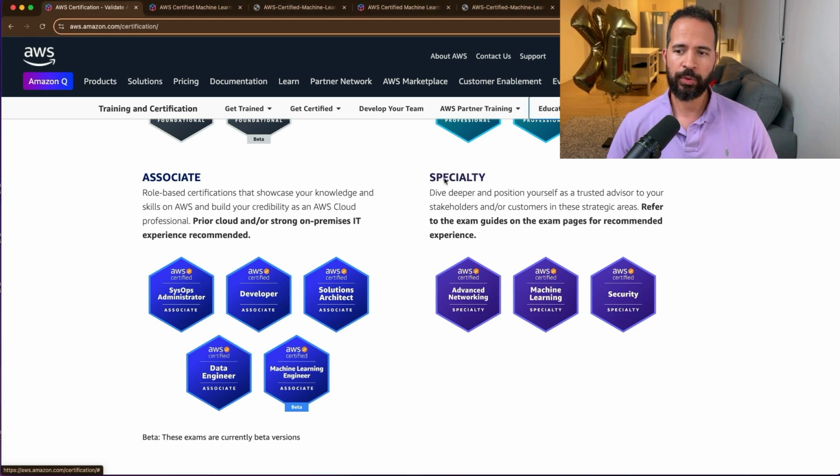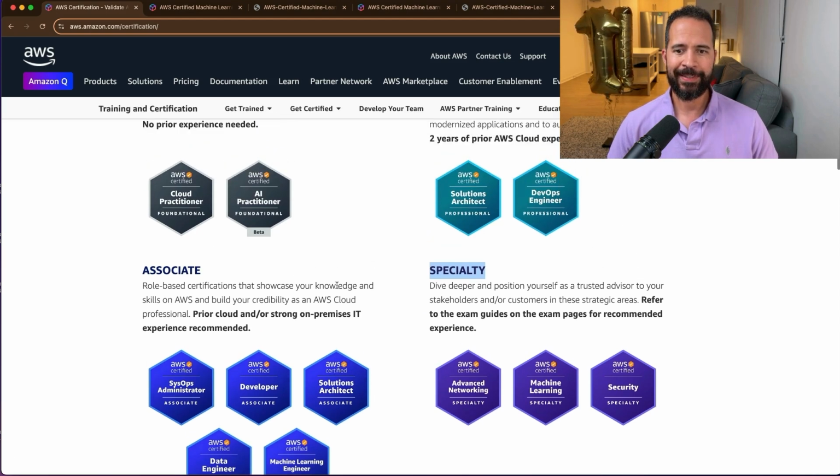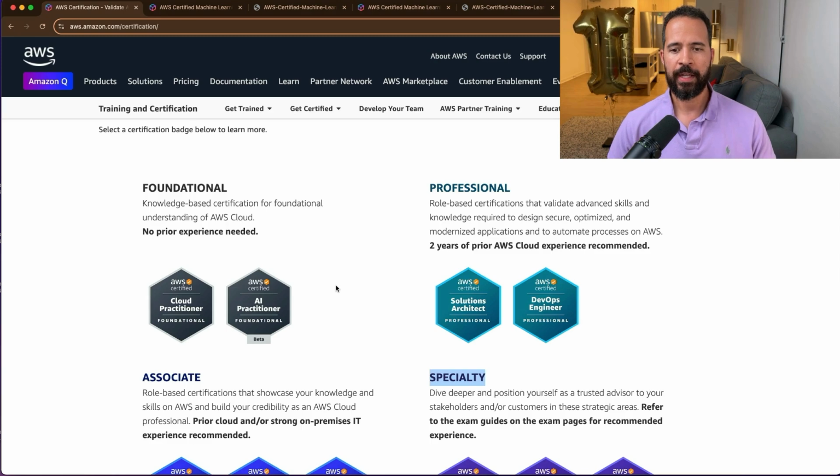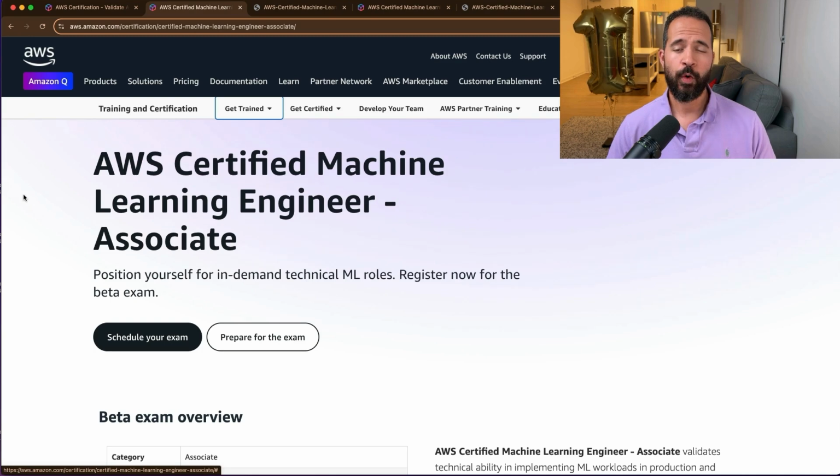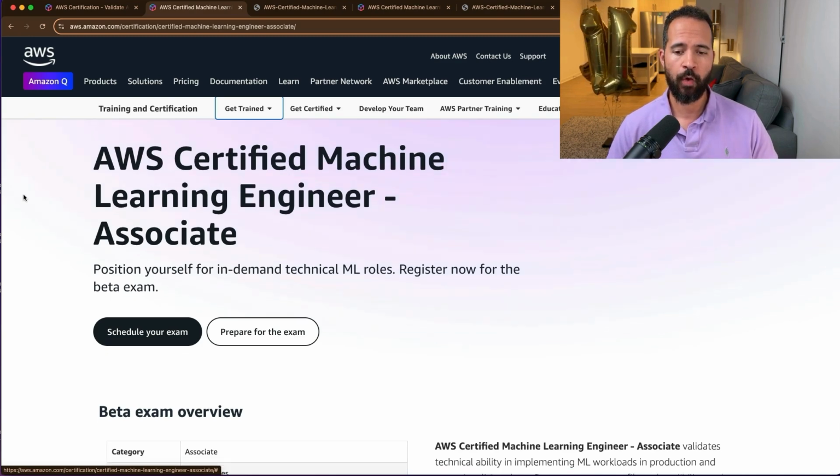Going over to the specialty area, the specialty certifications help you dive deeper, keep a close eye on that word, and position yourself as a trusted advisor to your stakeholders and/or customers in the strategic areas. And the associate and specialty certifications sit within the foundational and professional levels, which sit in the overall AWS certification hierarchy. So we'll start off with the AWS Certified Machine Learning Engineer Associate overview first.